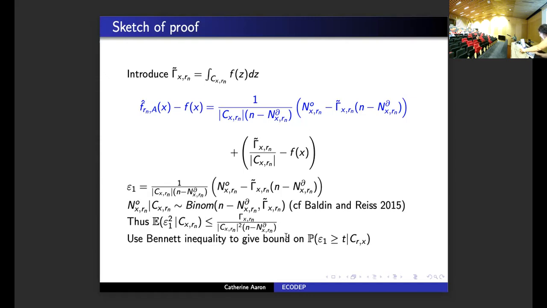You have here something which is 1 on n times R^n d at the denominator. If you want probabilistic bounds, you just have to use Bennett inequalities. It's the same. Okay, so that's for this term.